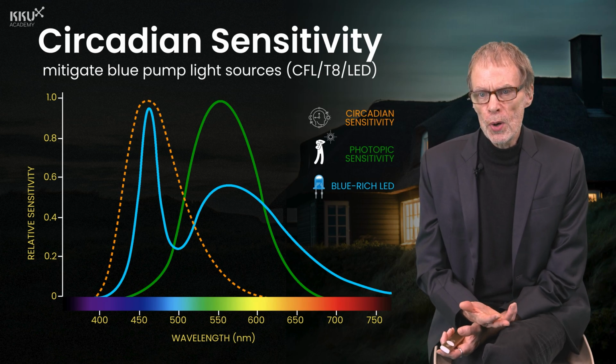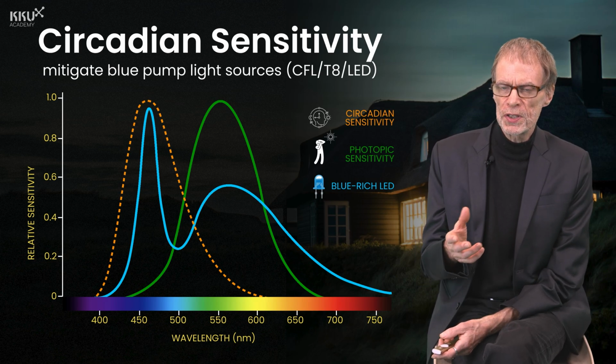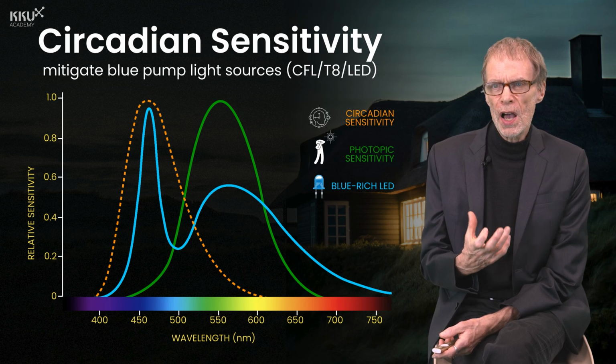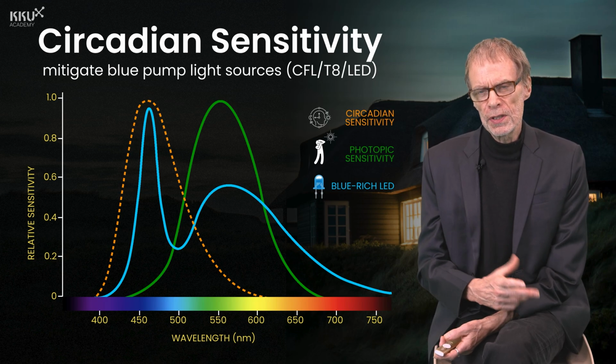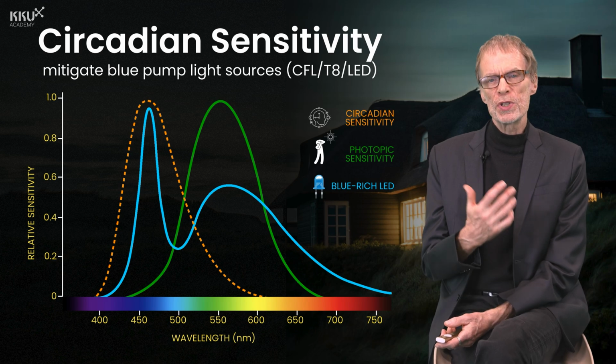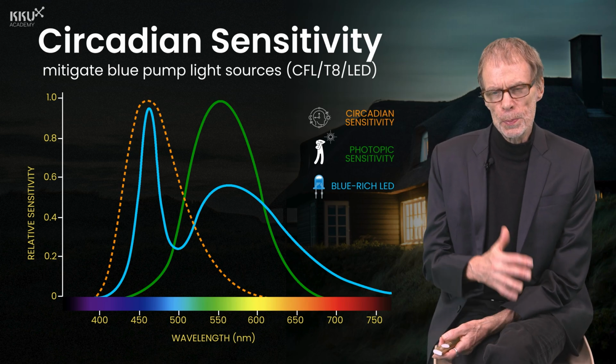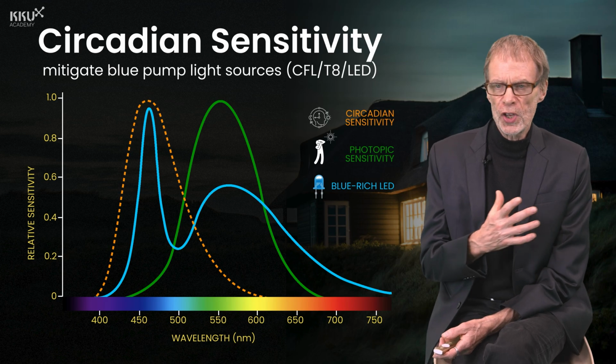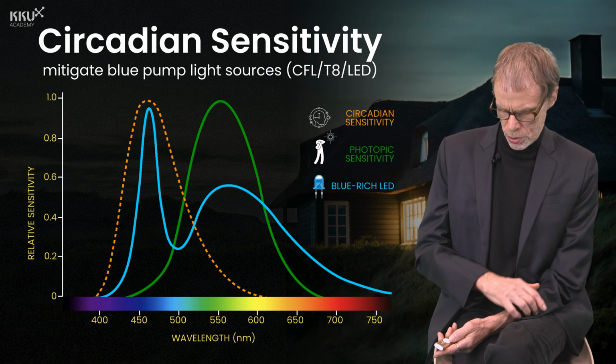And this blue component, around 460, 480 nanometers, happens to coincide with our circadian sensitivity. And what this means is that when we see this kind of light, it suppresses melatonin. And this is not a good thing at night. It's a good thing during the day, but it's not good at night.